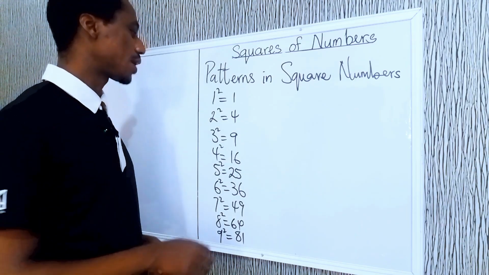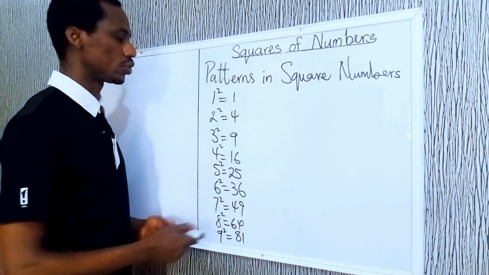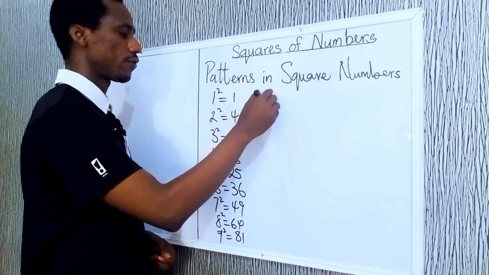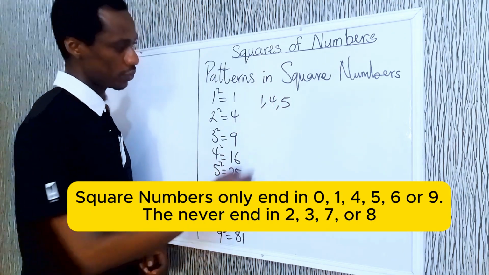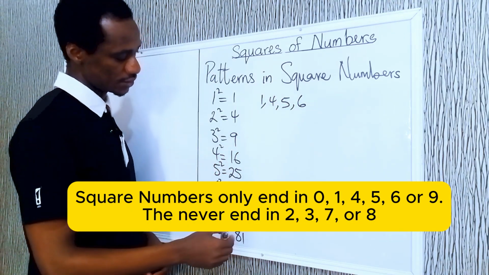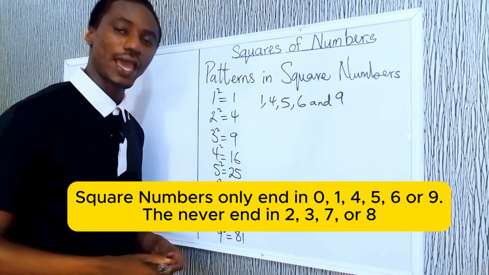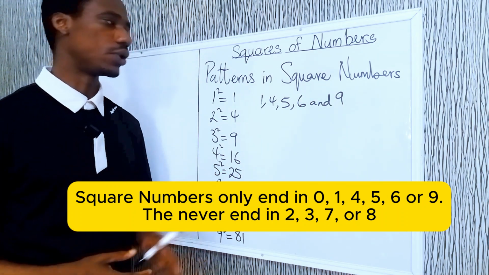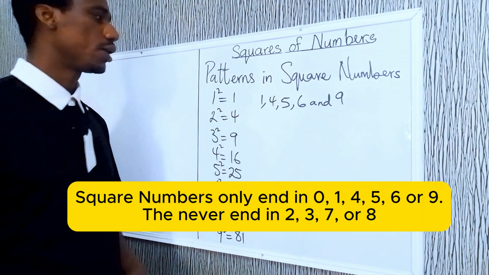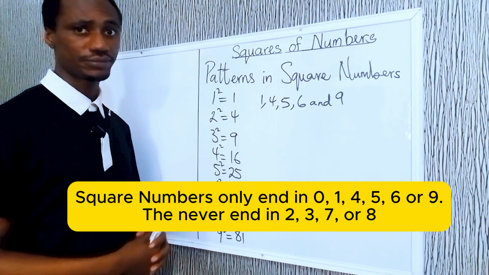Now look at the last digit of these square numbers. So you have 1, 4, 5, 6 and 9. So any perfect square, any square of a number, will end with 1, 4, 5, 6 or 9.